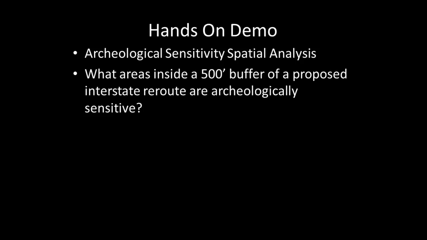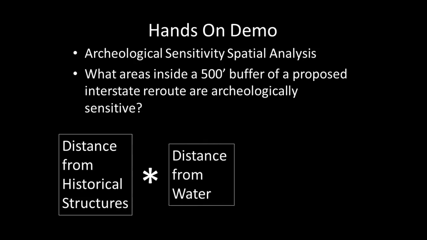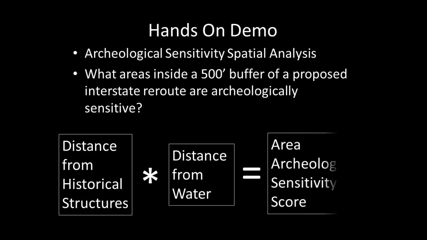For example, are there any Native American or historical structures that should be accounted for before construction of the interstate begins? To facilitate our spatial analysis, we will use a simple model to develop a final area archaeological sensitivity score. Specifically, we will calculate distances from historical structures times distance from water to derive an archaeological sensitivity score.